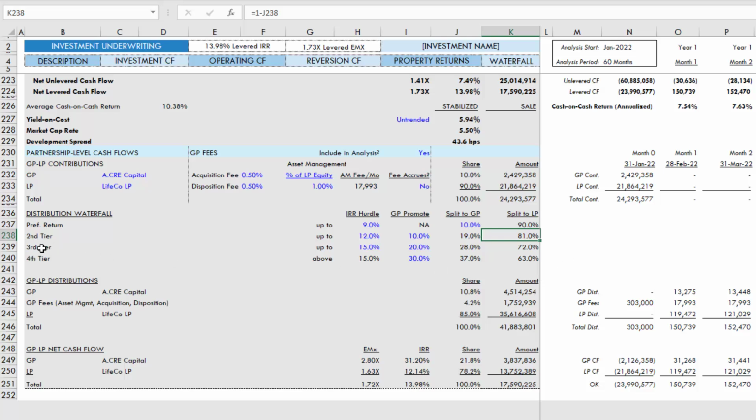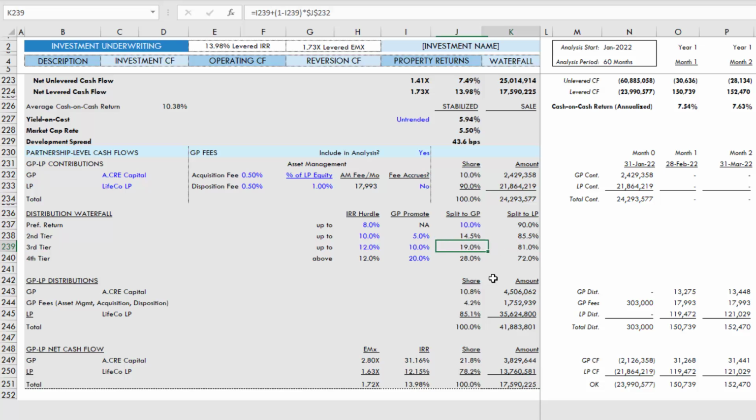The same happens then for the third tier. Up to a 15% IRR, now the GP is paid a promote of some amount, in this case 20%. We could change this, say 5%, 10%, 20%. We could change these hurdles, 8, 10, 12. You get the idea. So here, up to some percentage, a promote of some amount is paid to the GP.